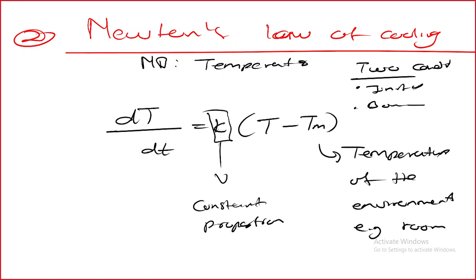When you're given a problem like this, they will give you a long paragraph just to confuse you: the thermometer did this and that. Don't focus on that. Just focus on the two conditions they have given you in the question.